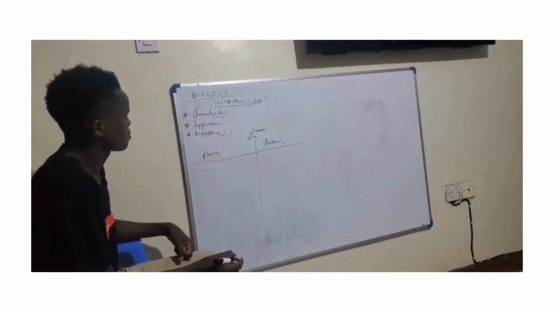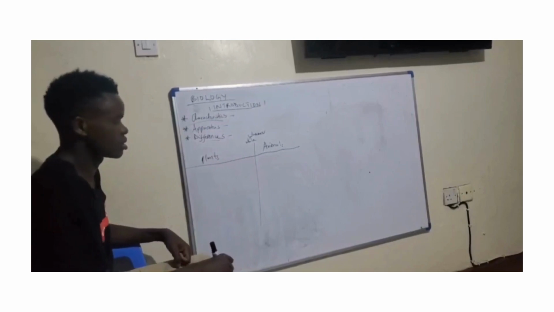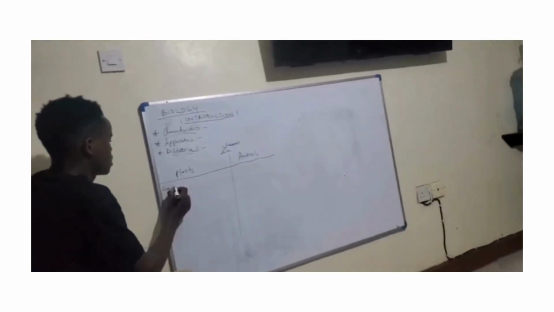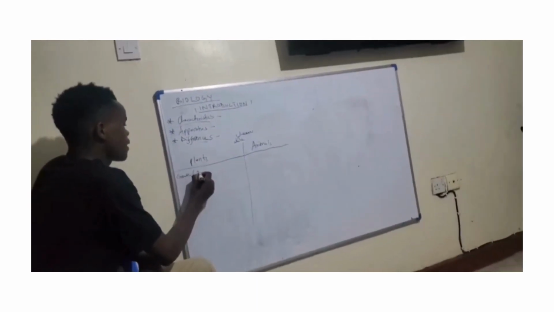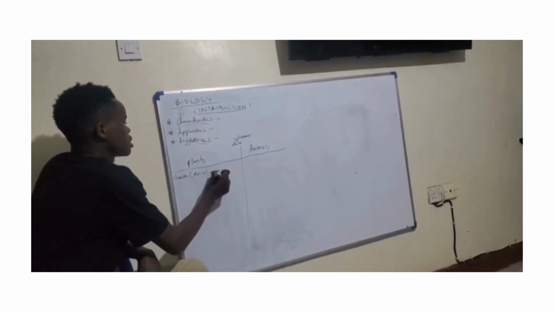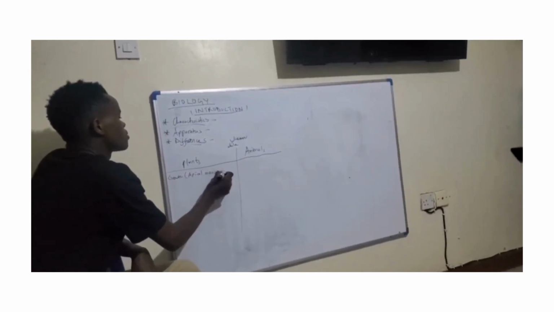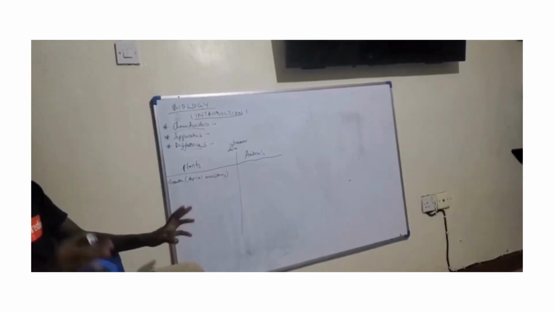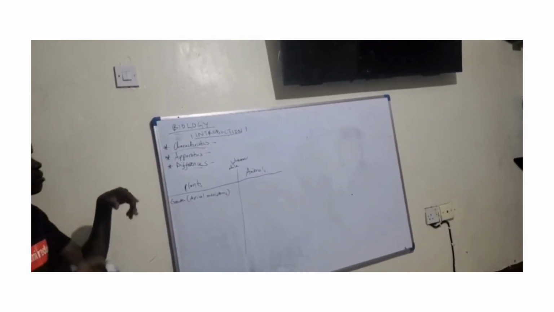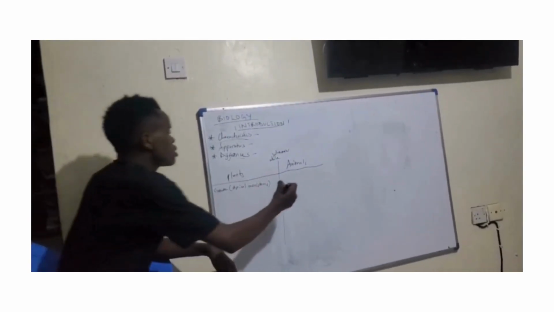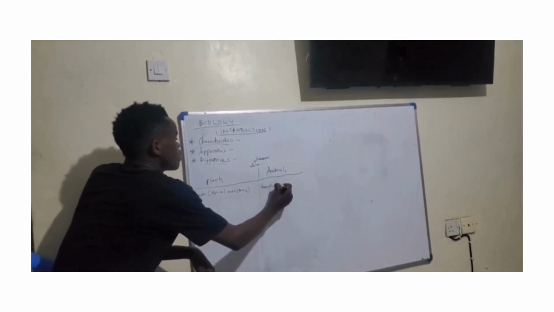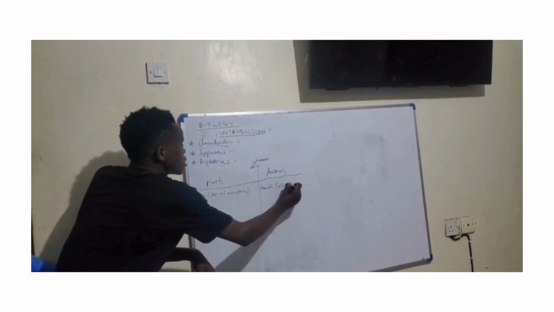Let's start with growth. Growth in plants occurs in the apical meristems. So in other words, growth in plants is localized. But talking about animals, growth occurs all over the body.